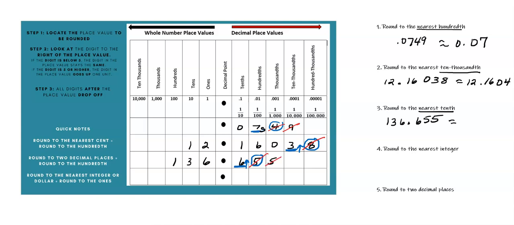So we'll write the answer as 136.7. So it's 136 and 7 tenths as our answer. Now let's move to the next example.